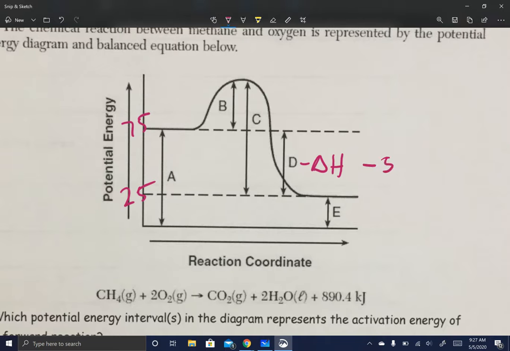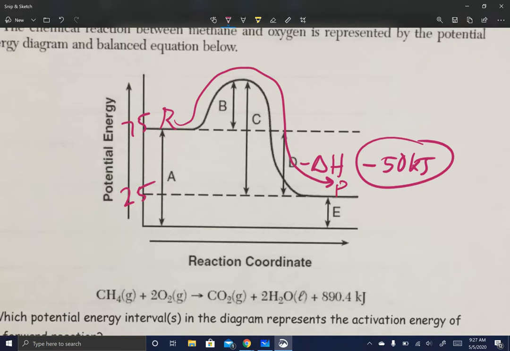My delta H would be negative 50 kilojoules, because we started as reactants with 75, we reacted, ended up down here as products, and lost 50 kilojoules as we reacted. That means it is an exothermic reaction. Energy is released. And what does that mean? It means my products are much more stable than my reactants. Less energy in chemistry means more stable. All right, so I kind of just answered a whole bunch of things there.